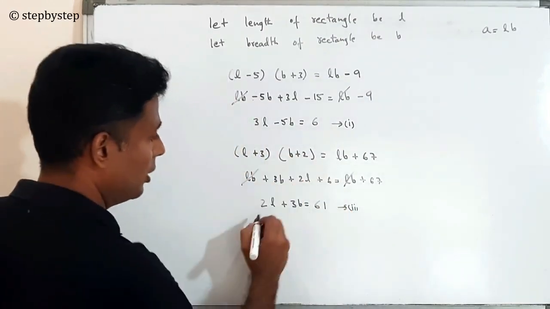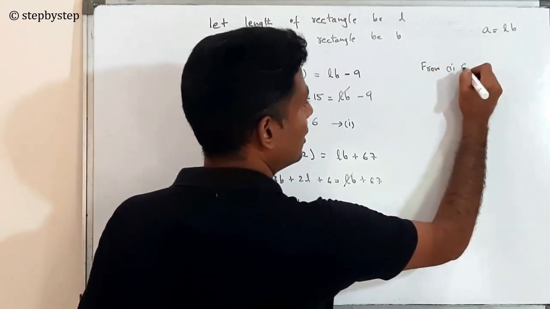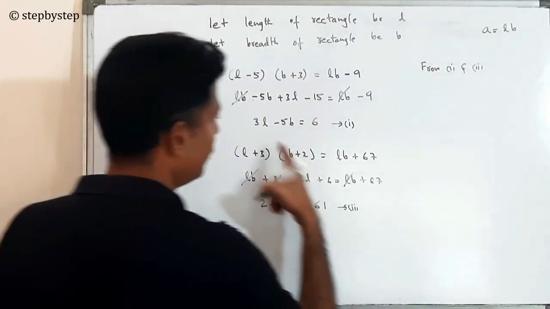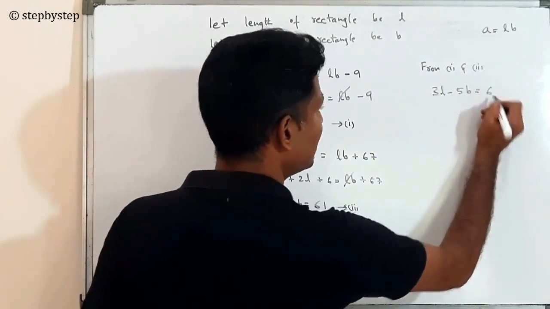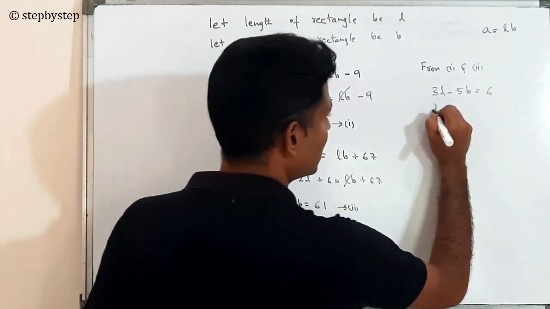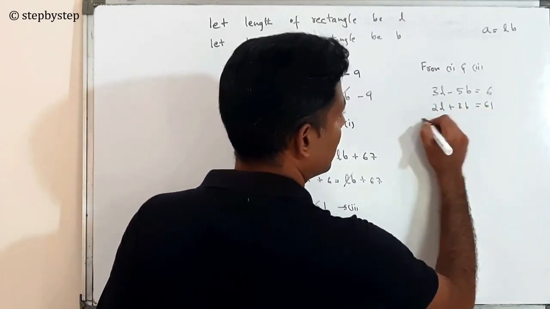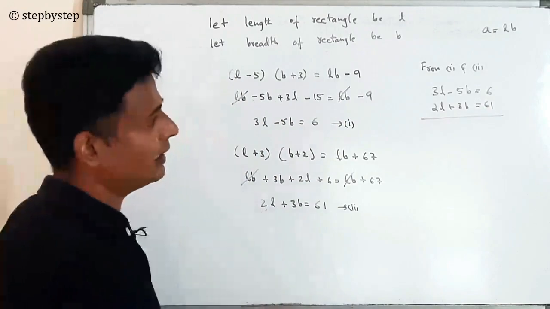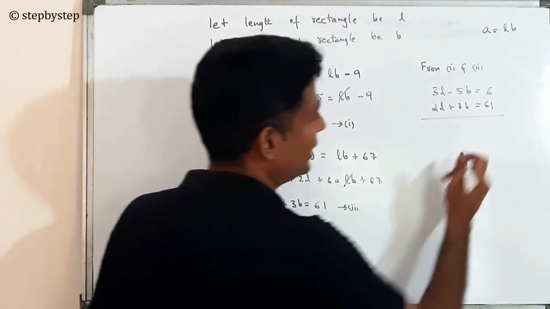So we'll use the two equations. From 1 and 2, what do we have? 3L minus 5B equal to 6 and 2L plus 3B equal to 61. Now I can make anything equal. I'll make B equal because minus and plus is there, so addition will work.